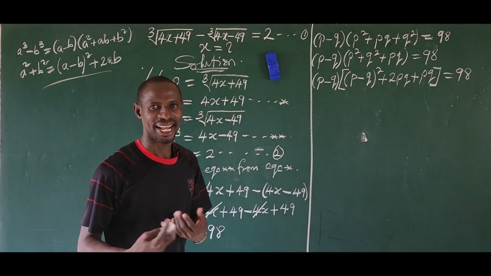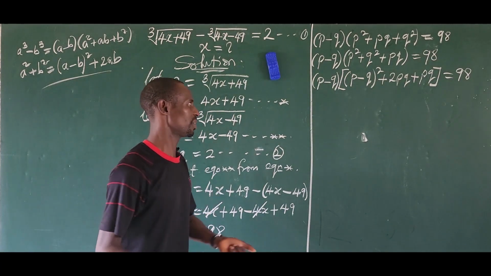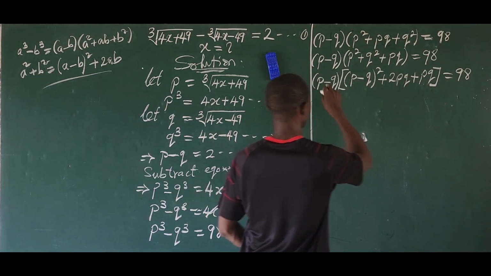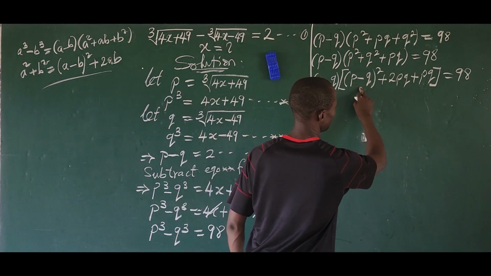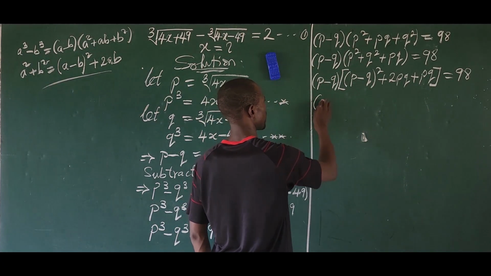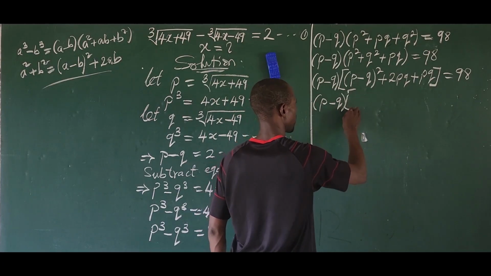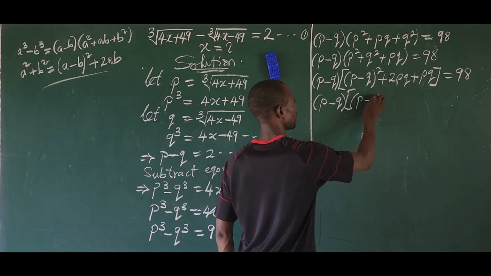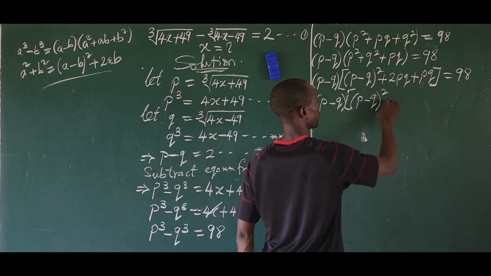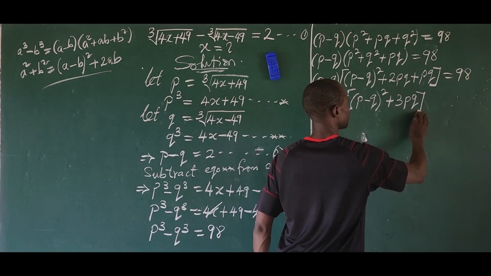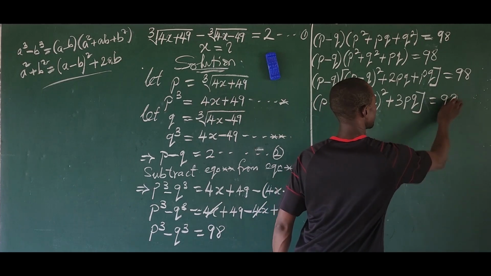Easy. I told you this is a bit technical, but we're going to get it. We can add the 2PQ and PQ together. We have the value of P minus Q, so we substitute. This will now give us (P minus Q)[(P minus Q) all to the power of 2 plus 3PQ] equal to 98.